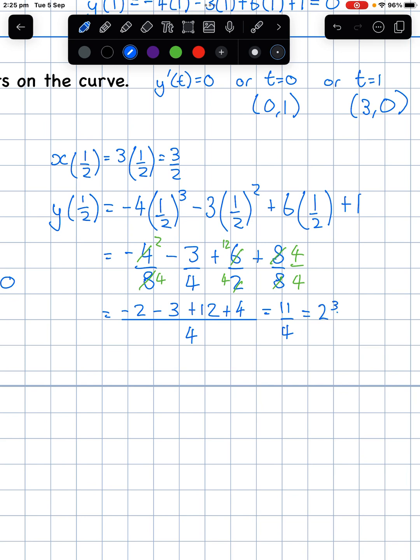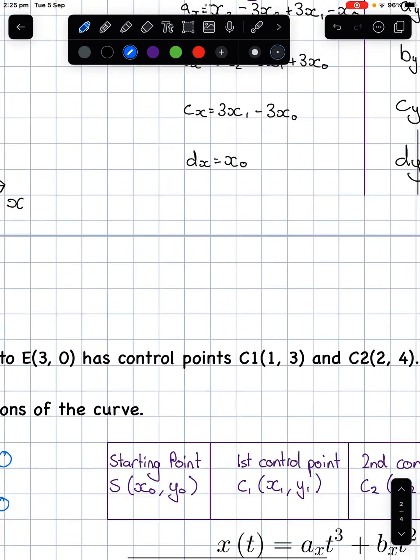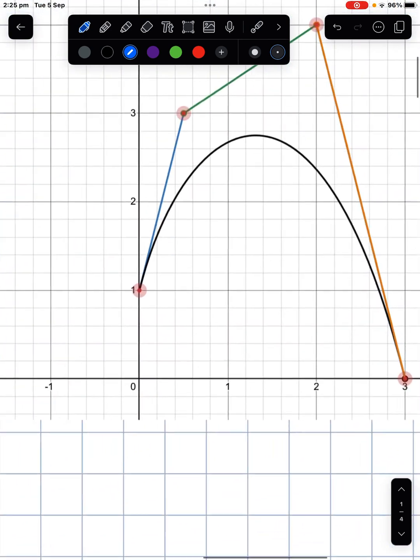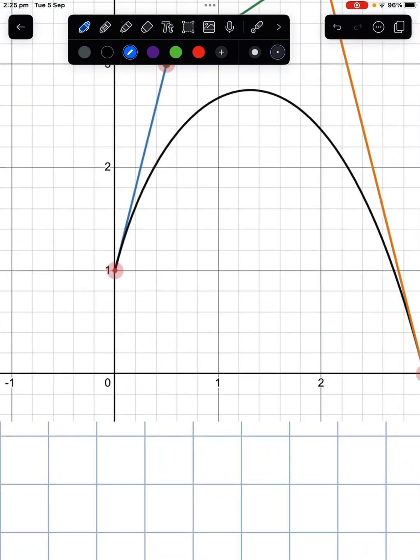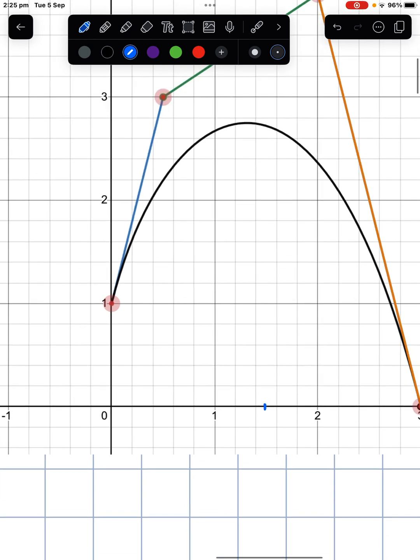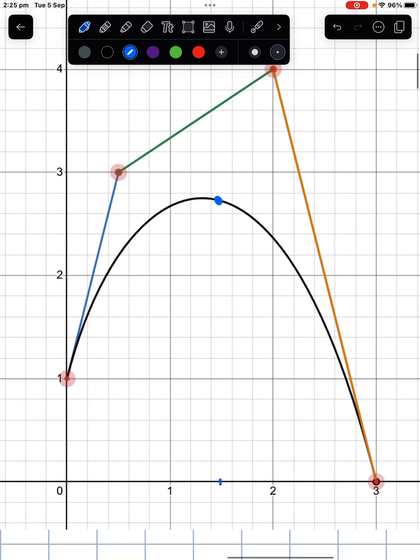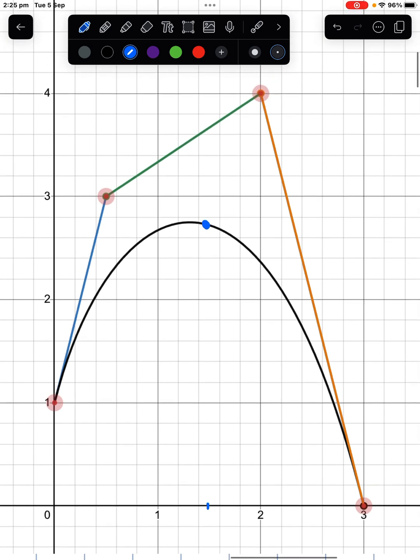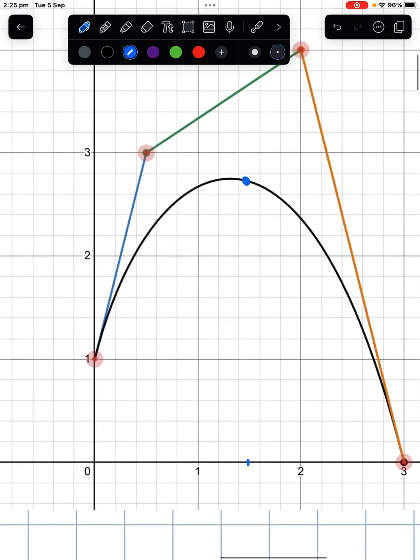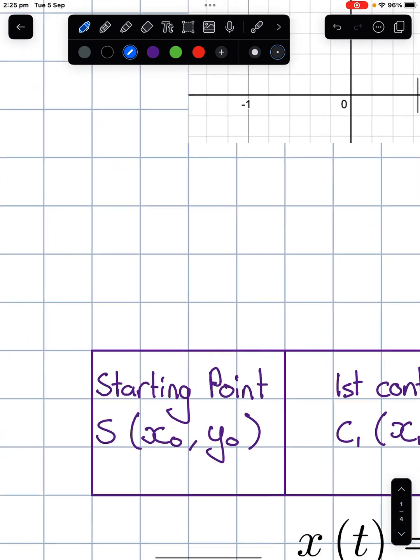So the coordinate for this point is 3 on 2 and 2 and 3 quarters. So this is like 1.5. If we come back to our graph, we're looking at 1.5, which will be here. And this should be our highest point, unless I've put my coordinates in wrong, which is a distinct possibility because it doesn't quite look like the highest point.